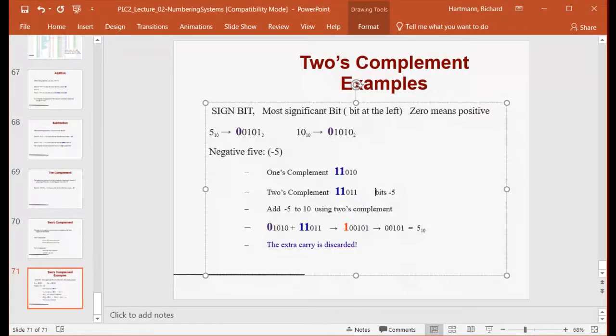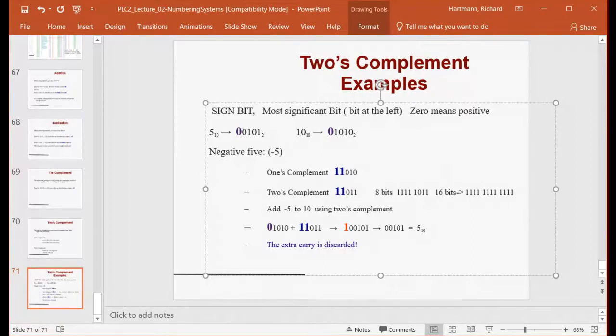So now I'm going to give it to you in 8 bits. Let's say we just had a full byte, 8 bits. Well, that would be 1, 1, 1, 1. I like to break them up so it's easier to see. 0, 1, 1. This is -5 stored with 8 bits. And if you wanted to store it as a full word, as 16 bits, it would be 1, 1, 1, 1, 1, 1, 1, 1, and then the 8 bits that I just had.